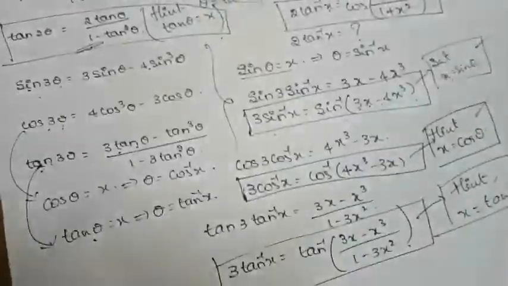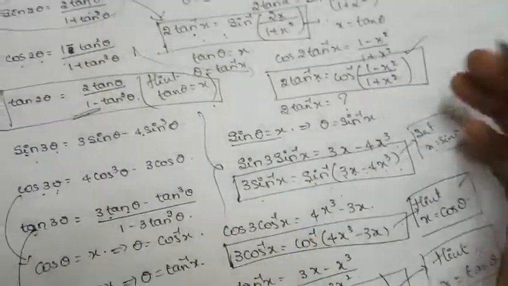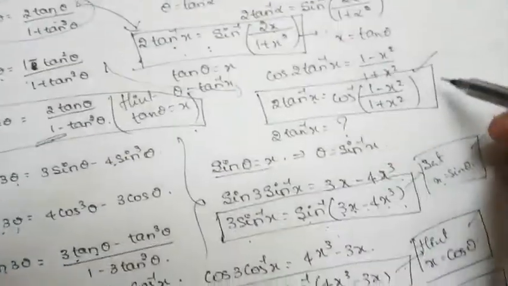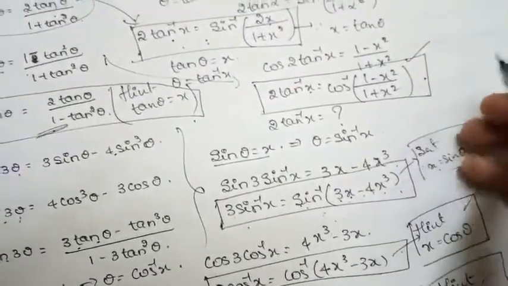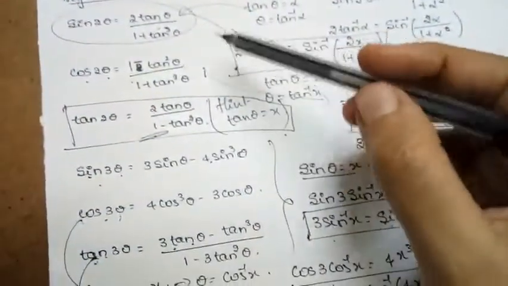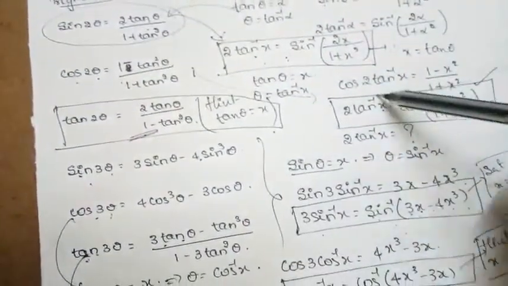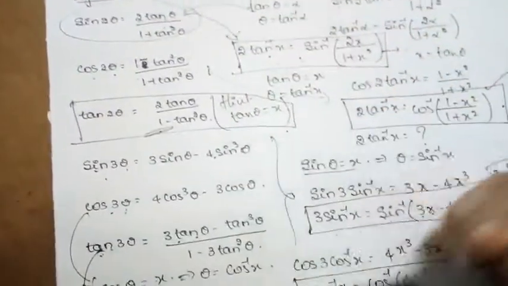Why I explained this concept today: suppose in the examination hall you forgot the formula of inverse trigonometric identities, and if you know the trigonometric identities, you can derive the formula of inverse trigonometric identities with the help of these trigonometric identities.